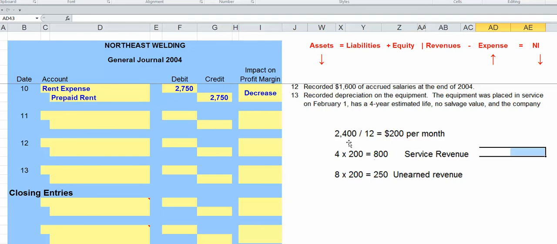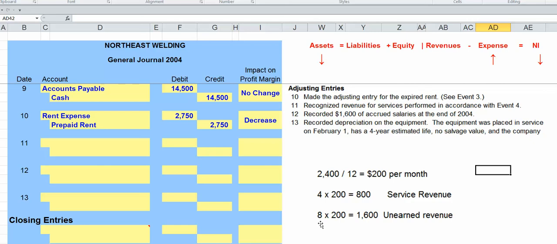If we take that $2,400 and divide it by 12 months, that's $200 per month. And since we received revenues for 4 months, September, October, November, and December, we have $800 in service revenue, and 8 months, or 8 times 200, $1,600 we should have in unearned service revenue.